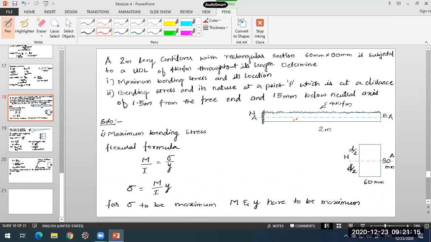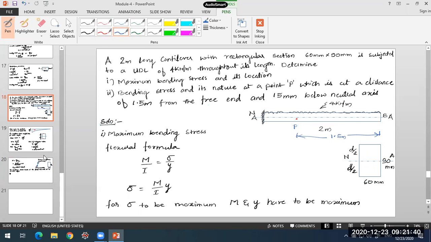This is my point, point P, what is given to us. It is at a distance of 1.5 meter from the free end. This is where you need to find the bending stress in the second case.